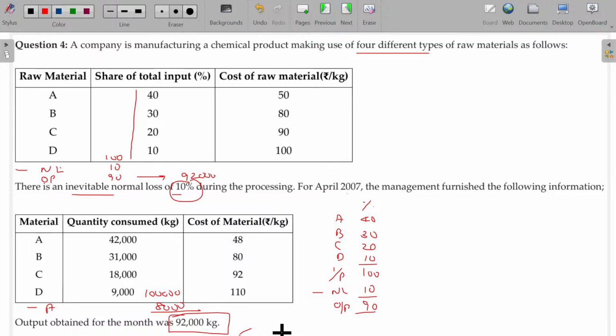It means what could be the standard cost for 92,000 units. For 90 output, 40 should be A and 30 units should be B and 20 units should be C and 10 units should be D. If it is 92,000 units, how much should be A, B, C, D, you have to calculate. That's the standard quantity. Standard price is there and standard cost will also be available. Come on, try to solve this. Make it faster.